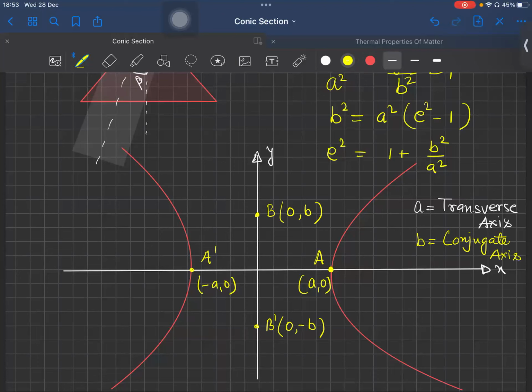Okay. So it will have directrix as well, right? Let's say this is the directrix.